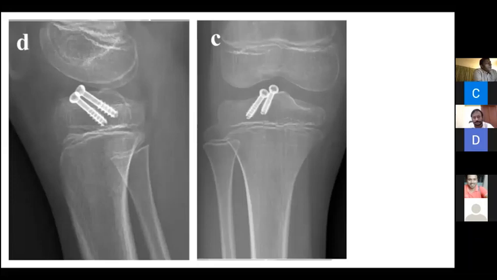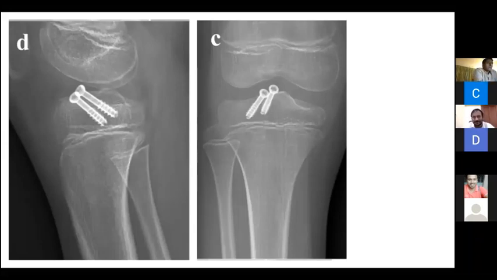Any other principle that he may have violated? What about the fracture line and perpendicularity to the fracture line? One screw is perpendicular to the fracture, but the second screw is not, and it's diverging rather than converging. If he has two screws, he could have gone for parallel. It is very difficult to get these two screws inside. Two screws itself is very difficult here.